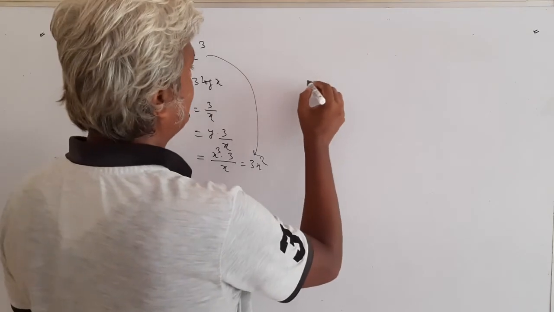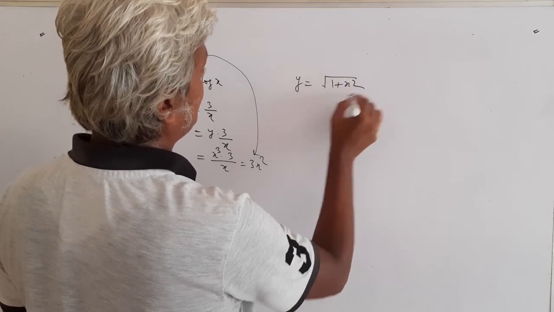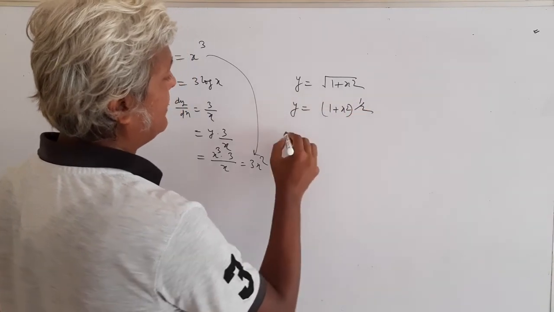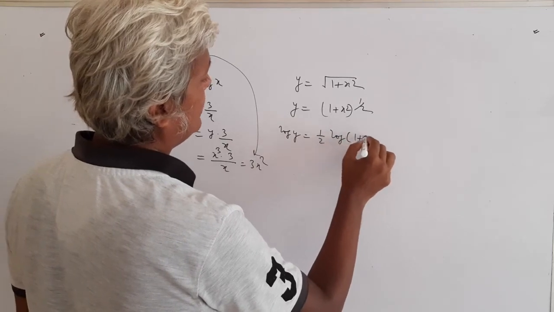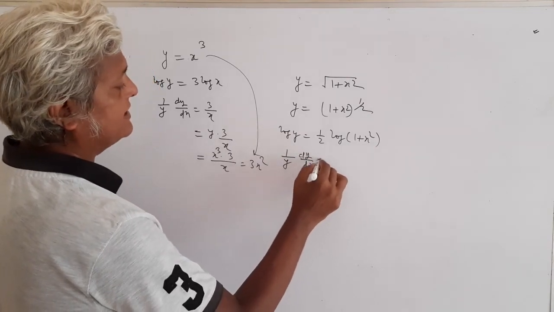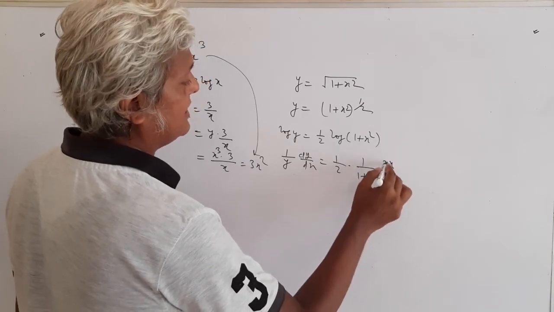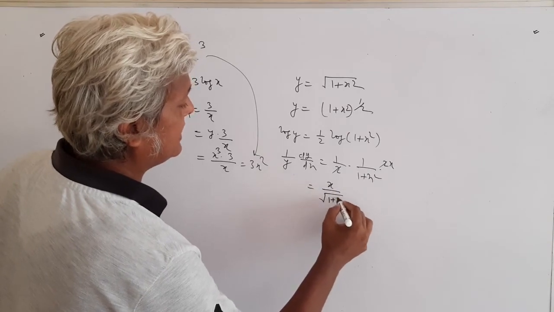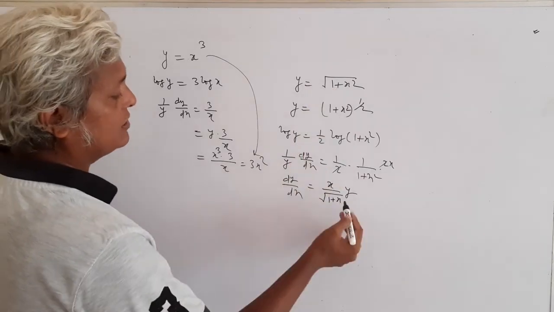Suppose I have to find the derivative of y equals under root 1 plus x square, so you can write it as 1 plus x square to the power half. So log y is half log of 1 plus x square. So 1 by y dy by dx is 1 by 2 into 1 over 1 plus x square into the differentiation of that, the 2 is cancelled. So you are getting x upon 1 plus x square, y comes here, this is dy by dx, and y is just the root.